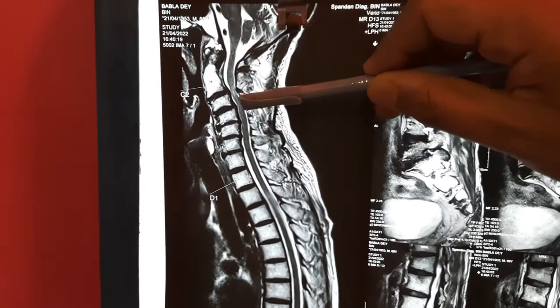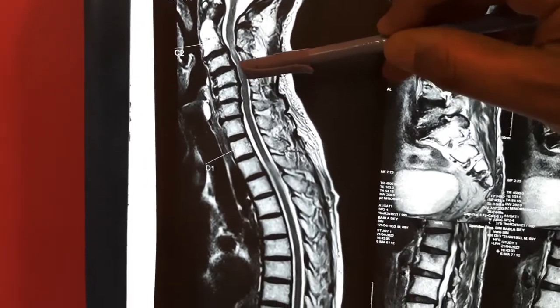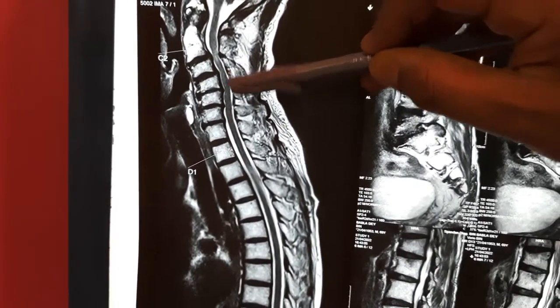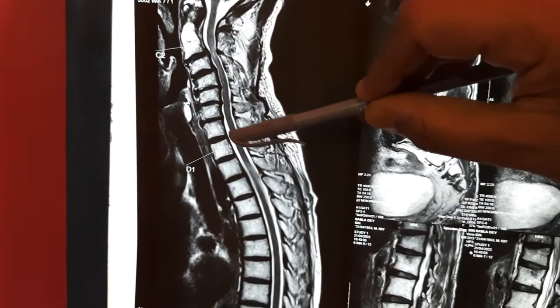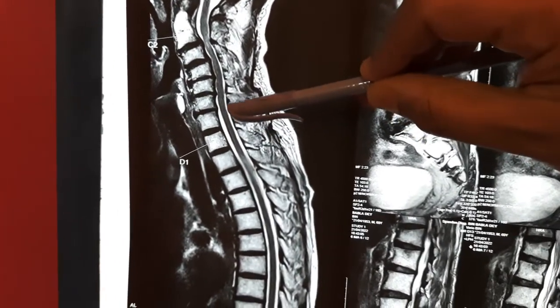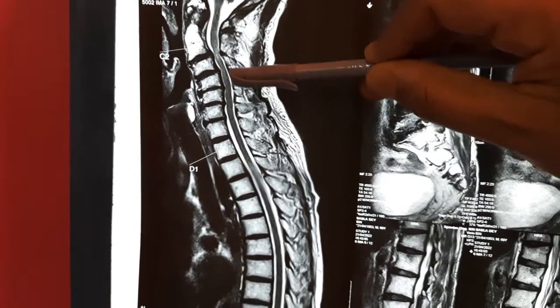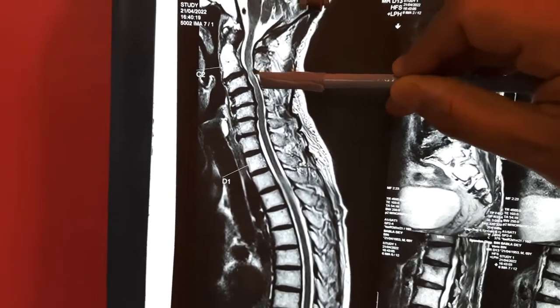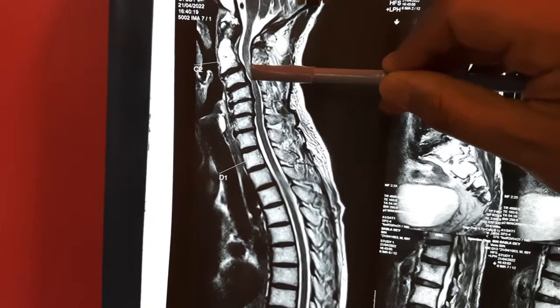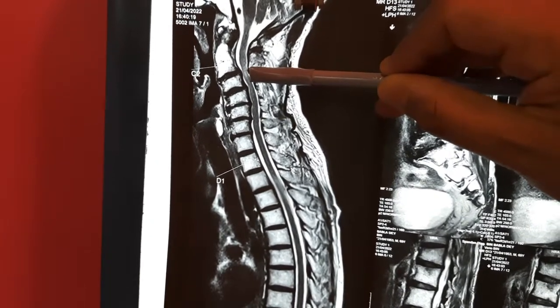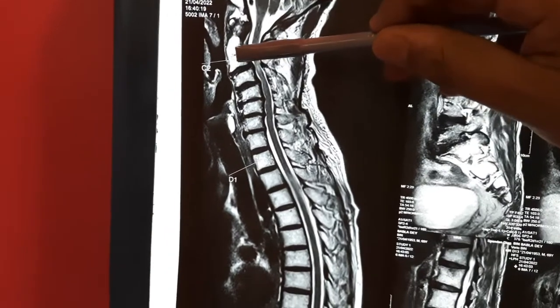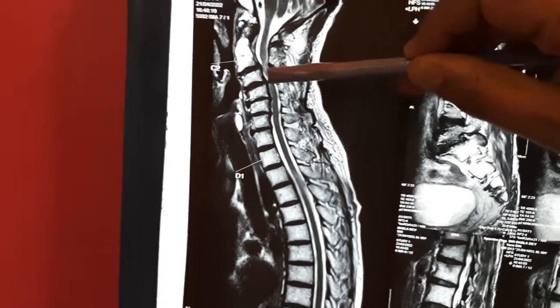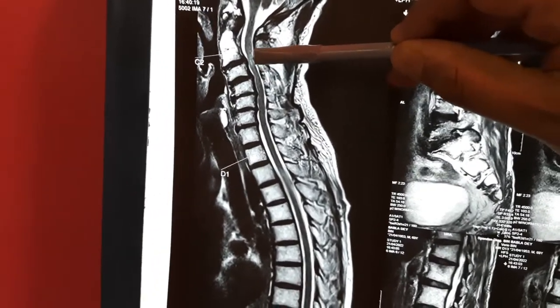When we look at this MRI at the C2 level, see the normal sac, the whole sac length, and then see how suddenly the sac is compressed from both the anterior and the posterior aspect. This is what we call thecal sac compression. If this is C2 and this is C3, here is the thecal sac compression.